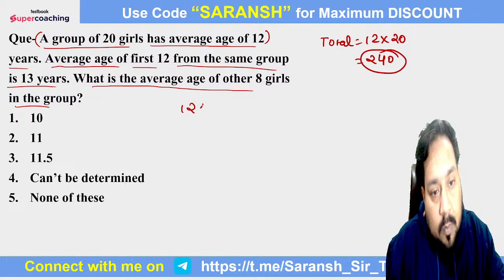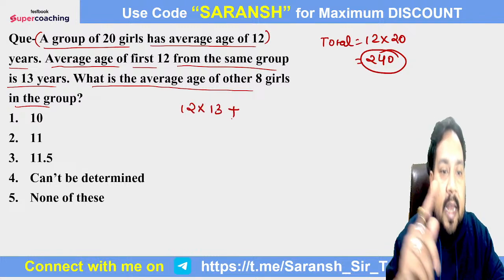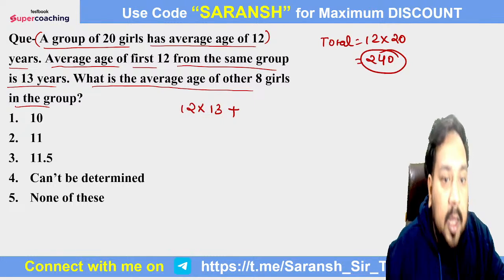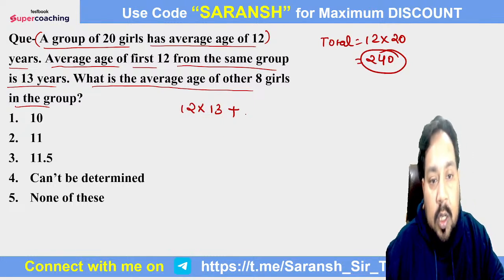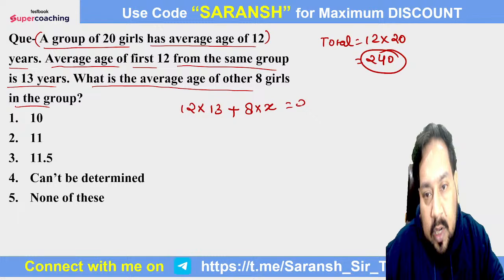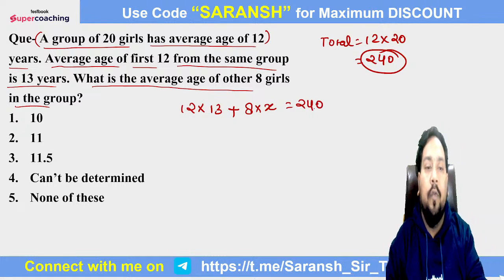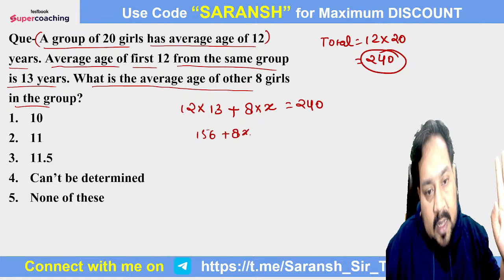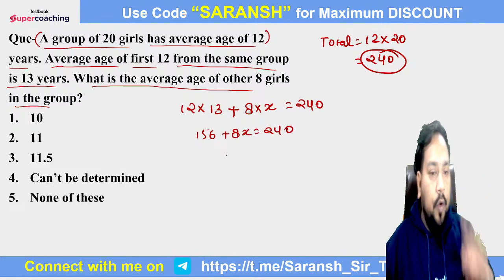It means 12 into 13. Now we have 8 girls remaining. The total will be 8 into the average, we can say x. So 12 into 13, that is 156, plus 8x equals 240.